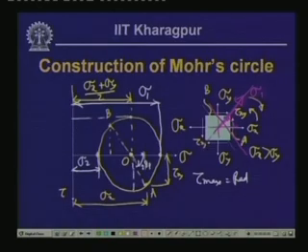So, this gives us the values of the maximum shear stresses. Also, please note that at this point where the maximum shear stresses occur, there will be some values of normal stress, which is in contrast to the one where we have maximum normal stresses where the shear stresses are 0.